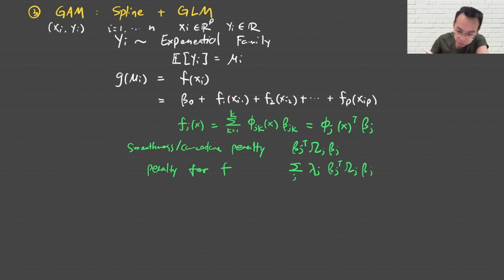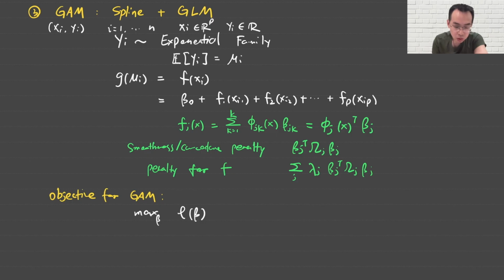So the objective for GAM, we'll have the likelihood function in the first term. We want to maximize the likelihood function. See here that the likelihood function actually comes from the exponential family, right? We just write out the probability for each data point and then take the log for that.